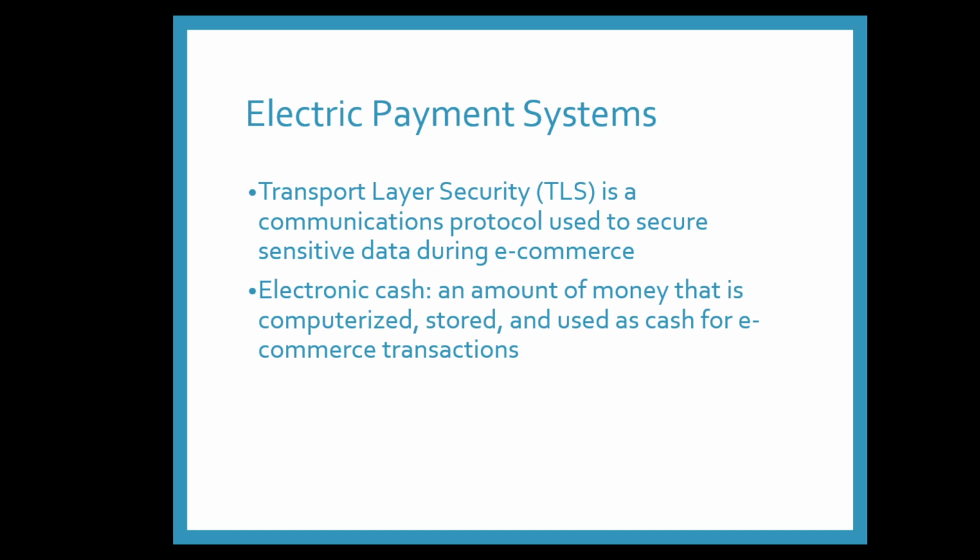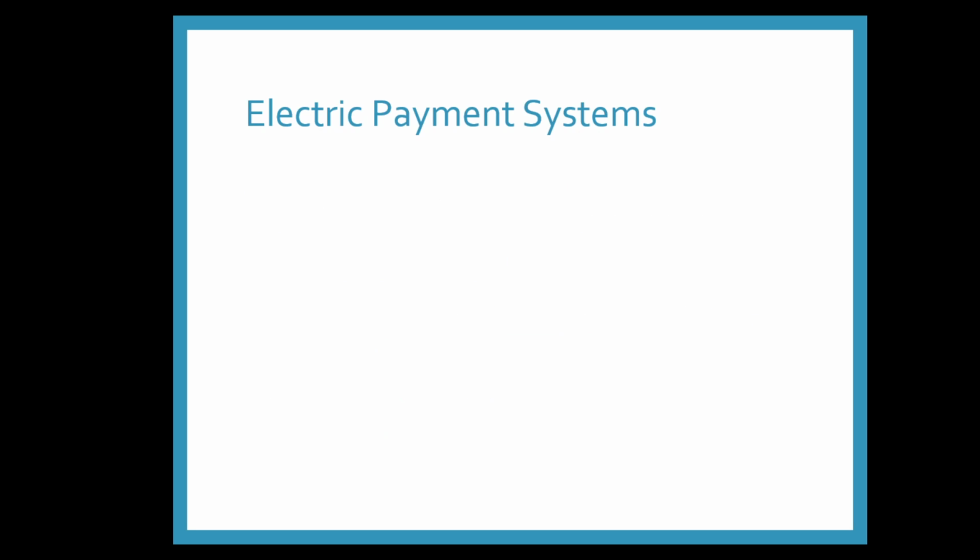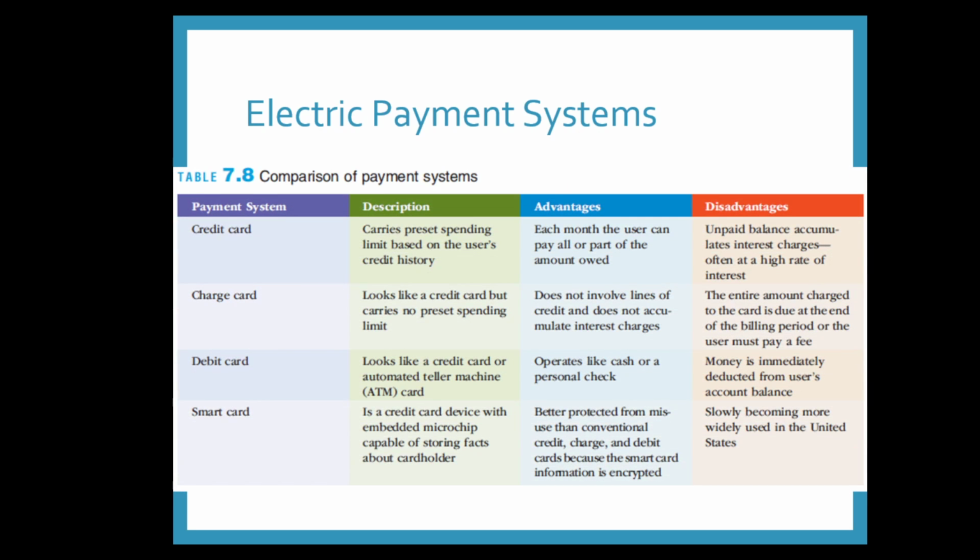Electronic cash is an amount of money that is computerized, stored, and used as cash for e-commerce transactions. Credit, charge, debit, and smart cards are payment systems used for e-commerce. You can just check that one.